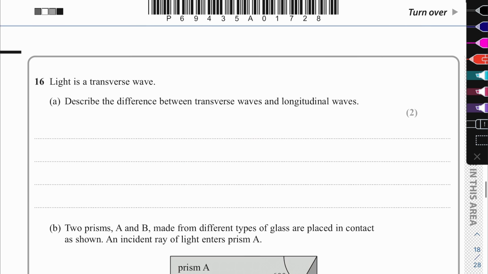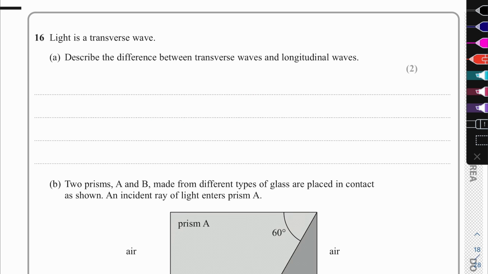Let's move on to question number 16. Now, this is a very standard question. We have light is a transverse wave, right? Describe the difference between a transverse wave and a longitudinal wave.